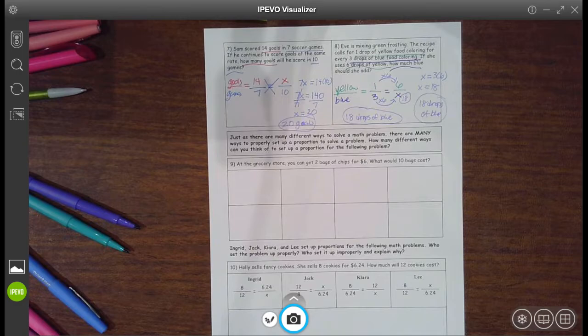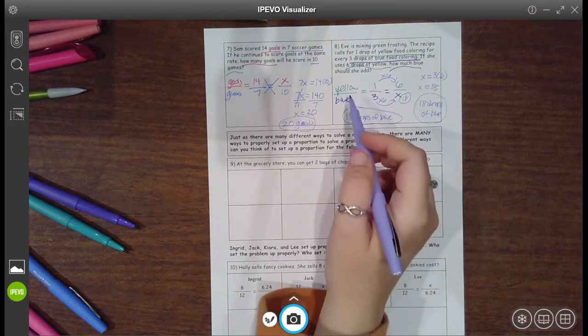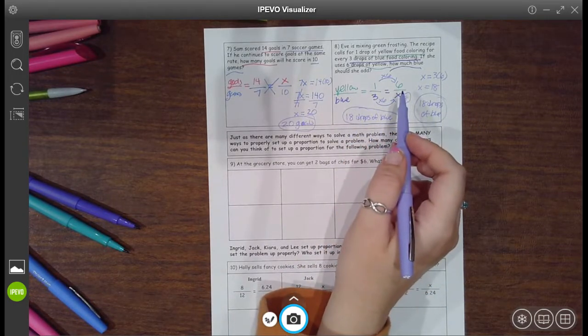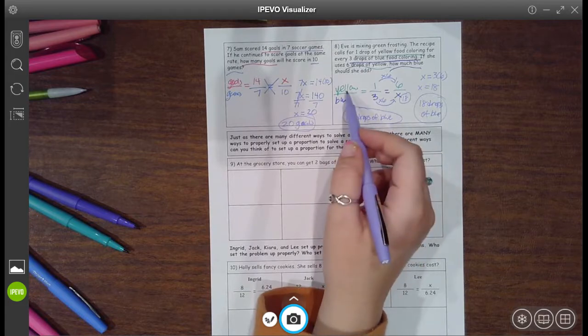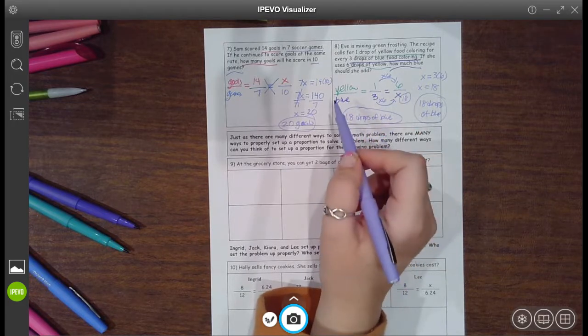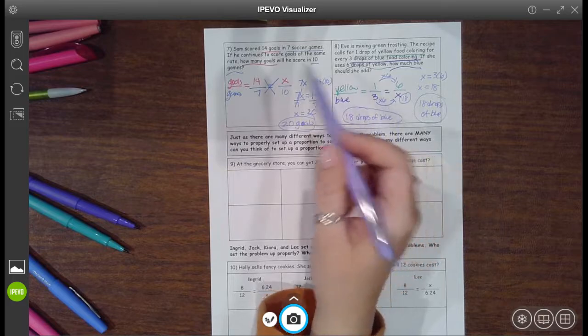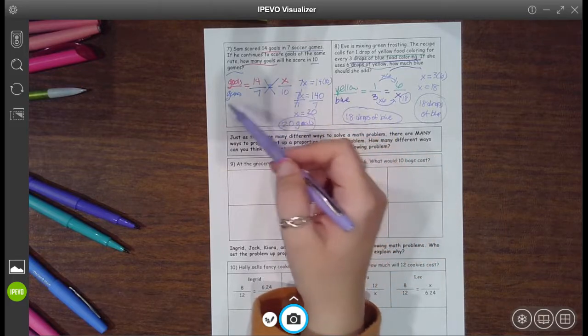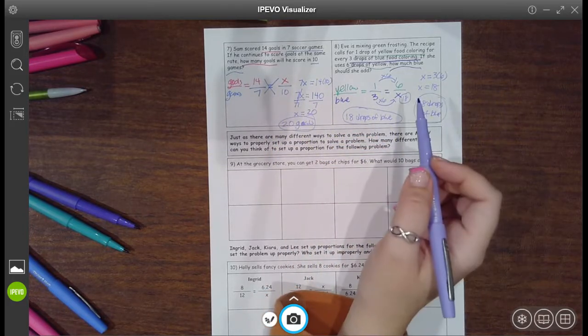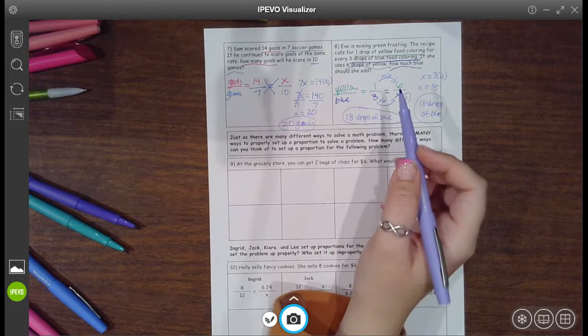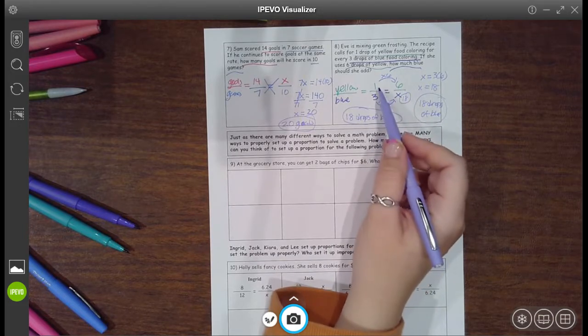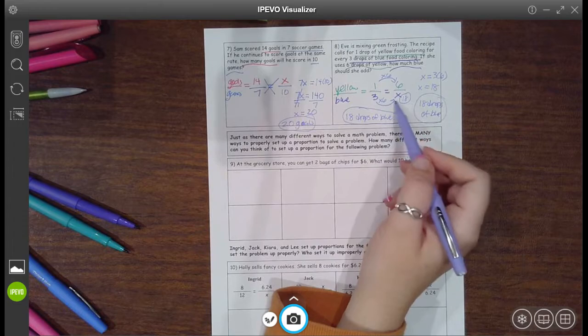Now, I tend to always put the same thing on top and the same thing on the bottom. So we put all the things relating to yellow on top and all the things relating to blue on the bottom, goals on top, games on the bottom. And then you always put whatever you're talking about first here and whatever you're talking about second here.